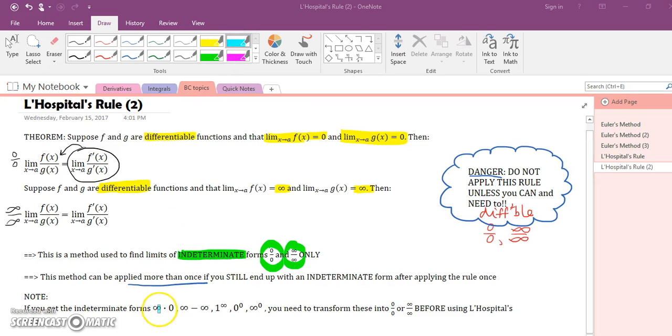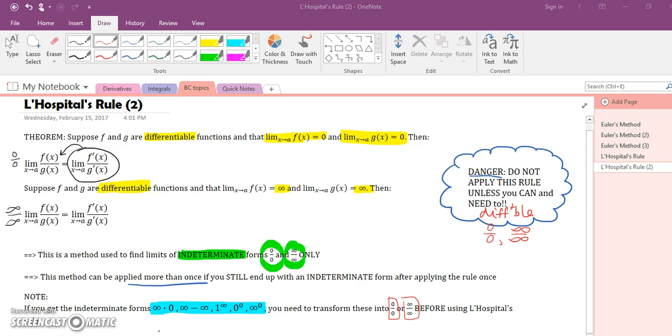Another thing to realize is sometimes when you try direct substitution, because you should still always try direct substitution first, you'll end up with weird indeterminate forms like these. There's 1, 2, 3, 4, 5 different ones. You need to transform these into 0 over 0 or infinity over infinity before you even try using L'Hopital's rule.